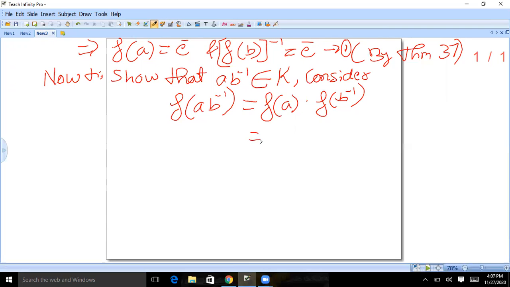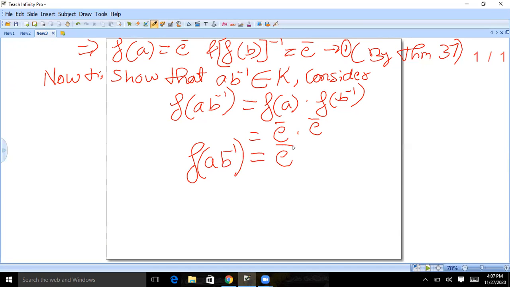Therefore f of A value, which we have already considered, is e bar, and f of B inverse is also e bar. So e bar into e bar: f of AB inverse is equal to, directly we write, e bar.